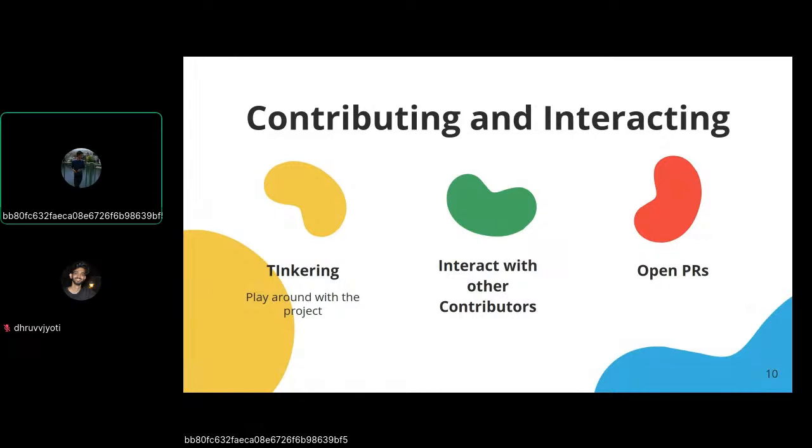Try to find bugs in it, and when you think you found some bugs, or you think some additions are required in the project, or there is any open issue you can work on, then start interacting with the contributors and mentors, and based on those discussions open PRs for a problem.